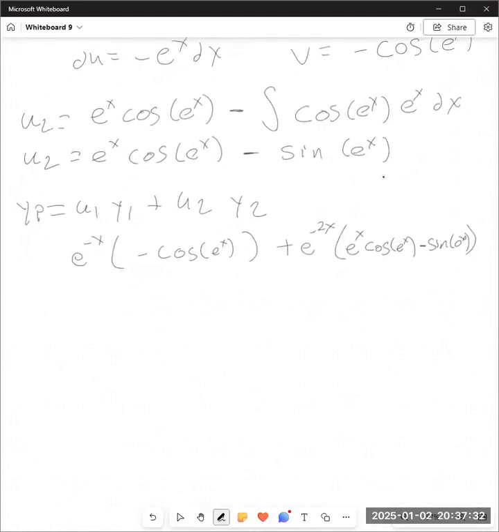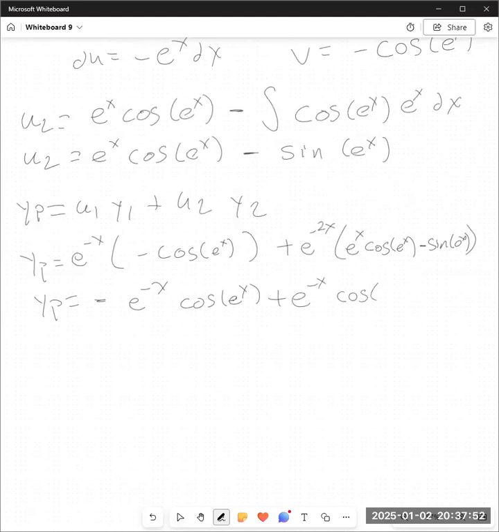So that makes my yp equal to a negative e to the negative x cosine of e to the x, and then we have a plus e to the negative x cosine of e to the x minus e to the negative 2x sine of e to the x.